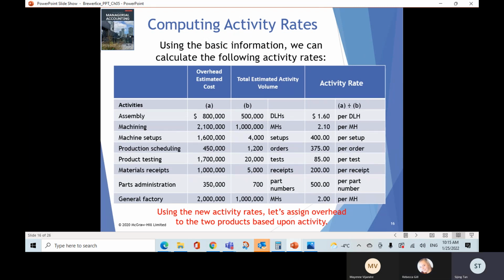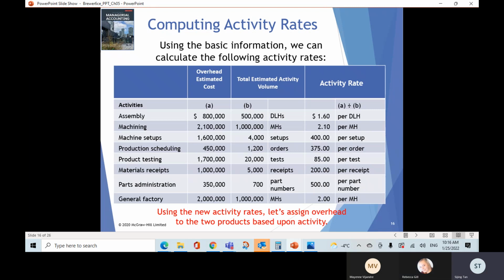So the first, what we need to calculate, the activity measures for each activity is stated. So the quantity of activities measured consumed is shown by product line. The activity rate for each activity cost pool was computed. Now the overhead costs, we could see, for example, assembling.